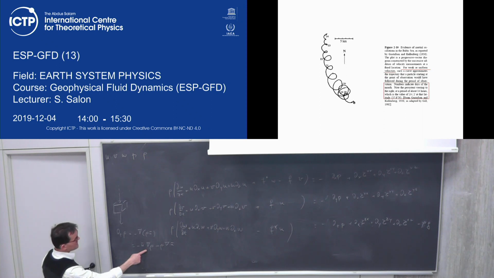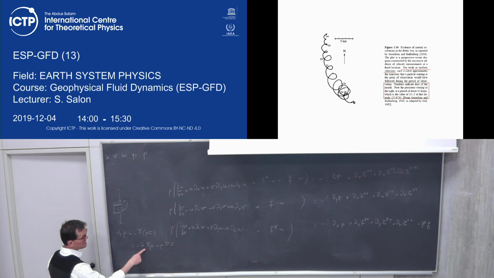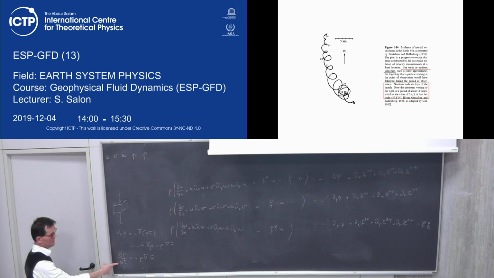So if I move this to the left-hand side, I will have the local time change of density, plus the advection, because this is the advection term. So this will be just the total time change, or material derivative, of density, which is equal to minus rho multiplied by the divergence of the velocity.